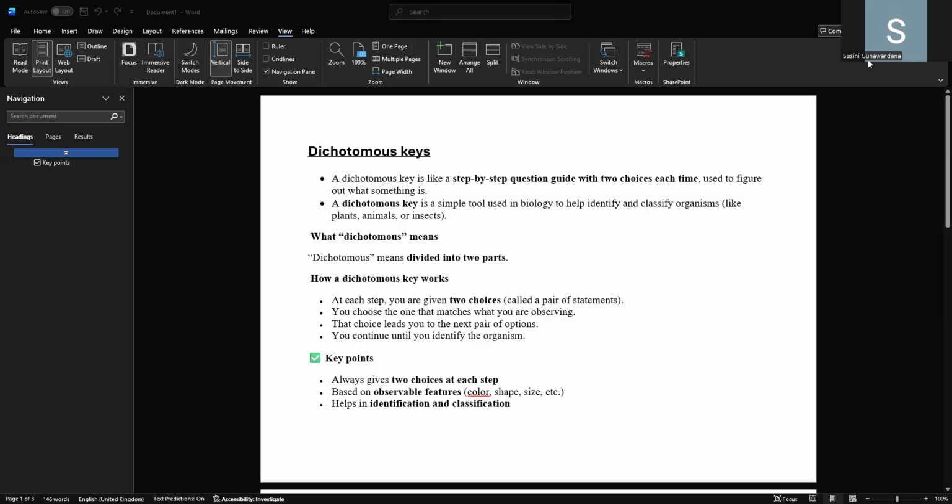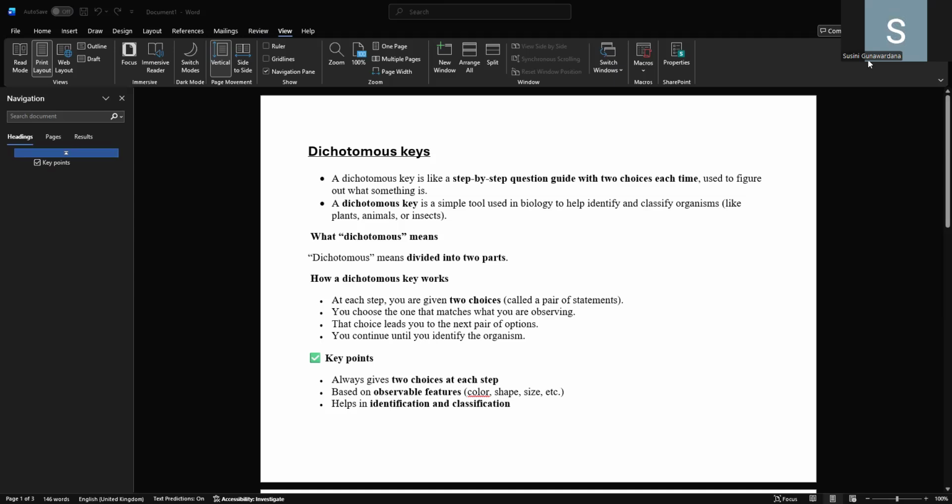First of all, we'll define the term dichotomous key and briefly explain its meaning. A dichotomous key is like a step-by-step question guide with two choices each time, used to figure out what something is. Basically, this something may be an organism.